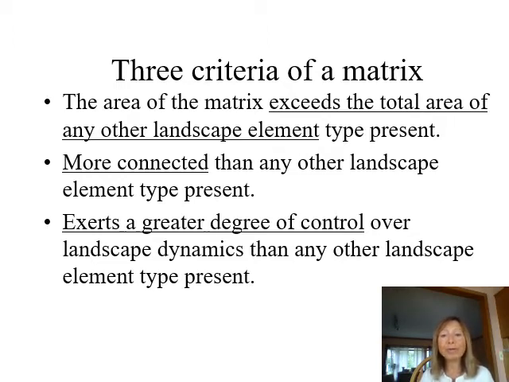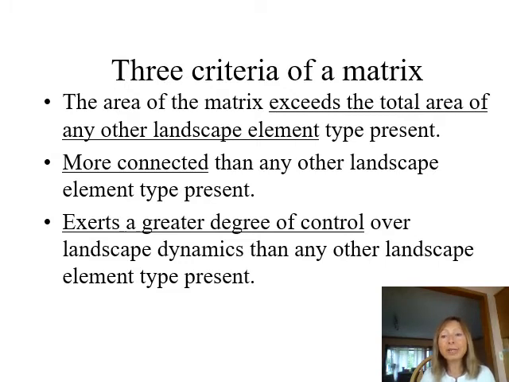If we zoom in or if we zoom out, what we perceive as matrix at a certain scale can become a patch at a different scale, or it can become even a part of a corridor at a third scale. So always remember that the scale of observation determines the grain of our landscape. This is just to keep in mind.